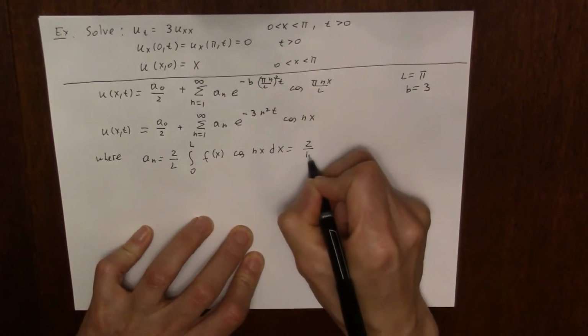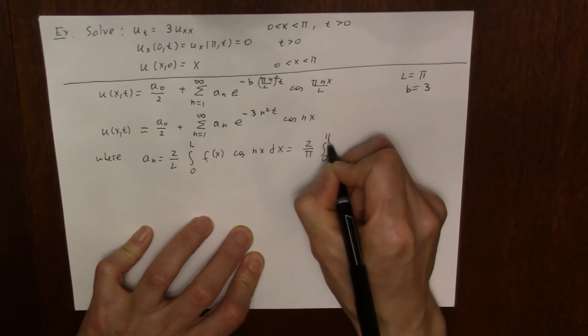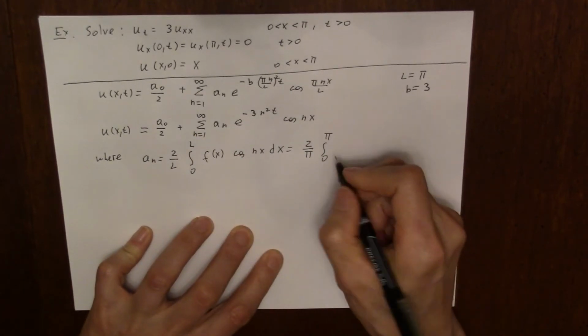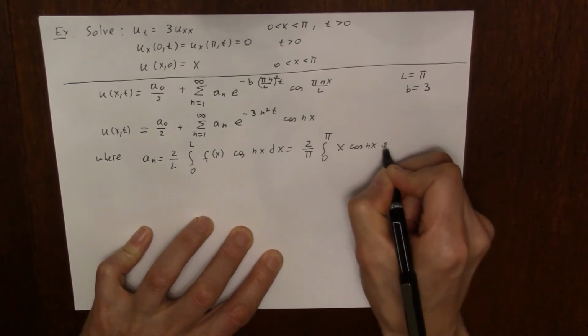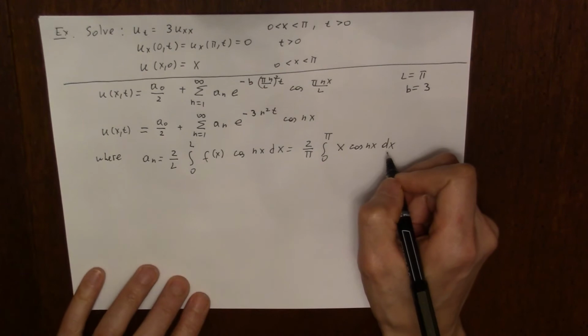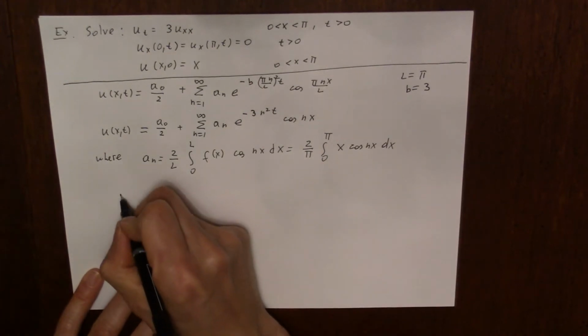So we're going to get 2 over pi, integral 0 to pi. We have f of x equals x, cosine of nx dx.